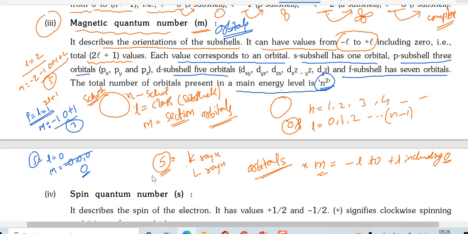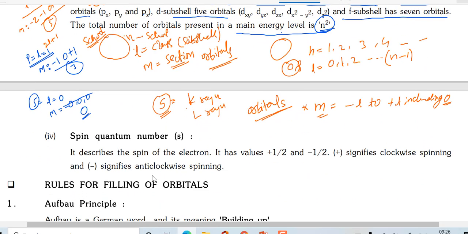Right? Next, the last one, the spin quantum number. The first important point here: it is not derived from the Schrodinger wave equation. Okay, so later they discovered that some confusion was still there in the electron. So how to identify a particular electron? Like when the same name is there, in that case how can we call it?